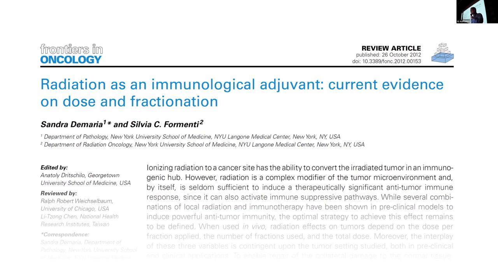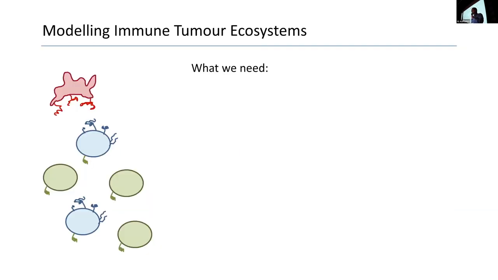So we have to find a solution. What we need is understanding the dynamics to have a chance to optimize such therapies. And the idea is that we go to models in silico and try to simulate scenarios and to look if we can find conditions which then may give indication for designing new clinical trials.